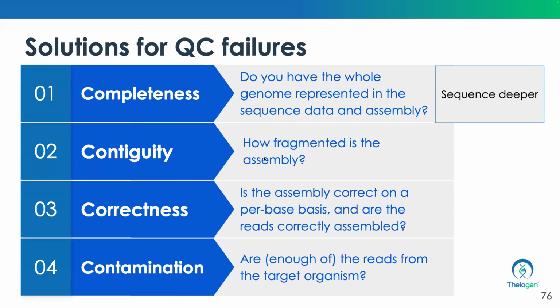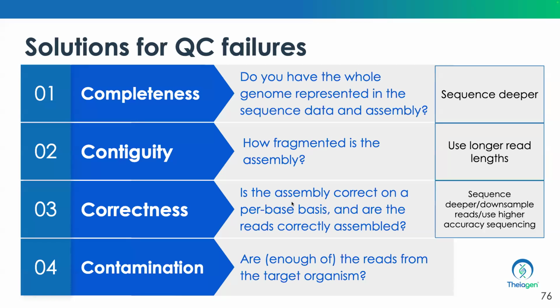contiguity issues, so you have fragmented assembly, then you might want to use longer read length. So probably do a hybrid assembly if you have both short reads as well as long reads, for example, from Oxford Nanopore. If you're having per base or generally assembly correctness issues, then probably you might want to either use higher accuracy sequencing or just, again, sequence deeper, downsample your reads.